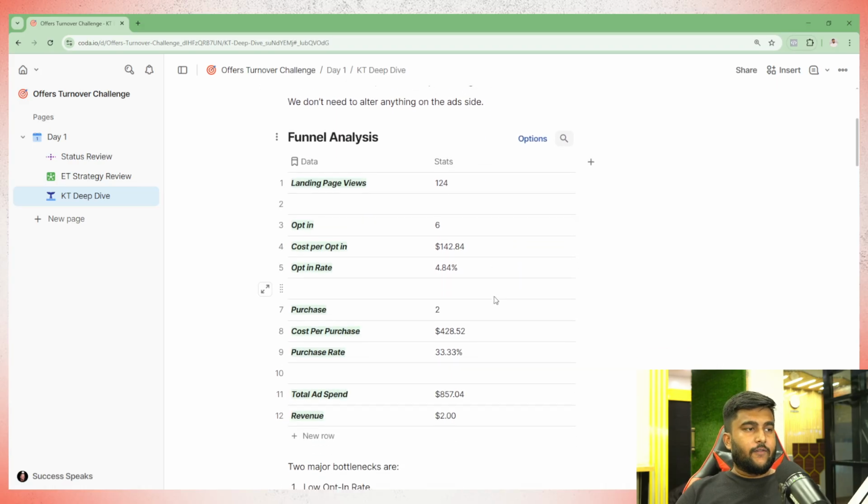However, here's how the funnel structure looks. Now, just to give you a little bit about how this particular client's offer was structured, he actually had a membership. So he created a course and called it a membership, right? This client wanted to charge $499 for the membership.